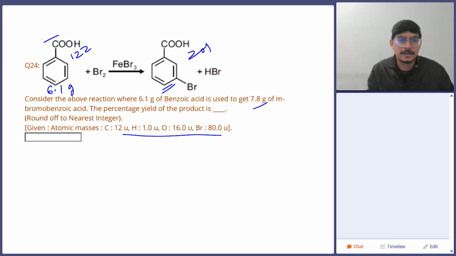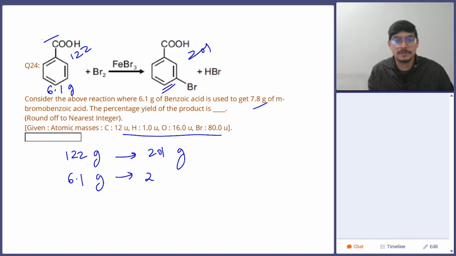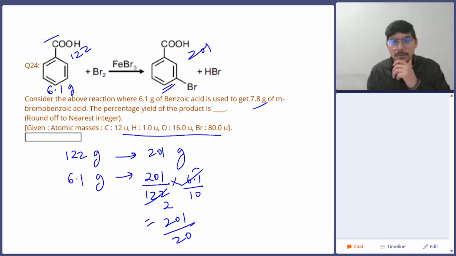So we can see that 122 gram of the reactant should lead to the formation of 201 gram of the product. So 6.1 gram of the reactant should lead to 201 divided by 122 multiplied by 6.1, so this is 201 divided by 20. So that is the expected amount of product formed.